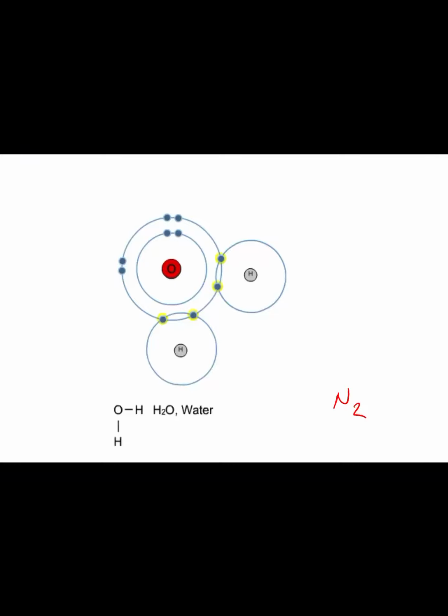Okay, so in this example with water, what we have is 1 covalent bond here and a second covalent bond there. Those are both single covalent bonds. But what if you had 2 carbons, for example? So this carbon with a double bond to that carbon.